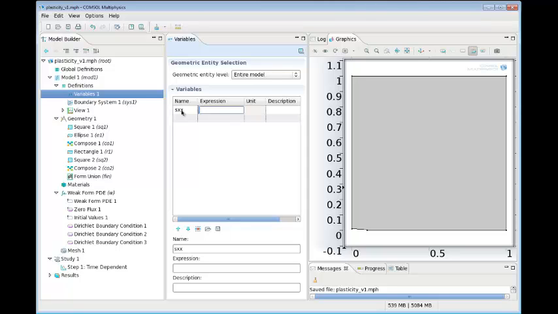So the P's are the plastic strain. This will be C66 times EXY minus EXYP, and Syy is C12 times EXX minus EXXP plus C11 times EYY minus EYYP.